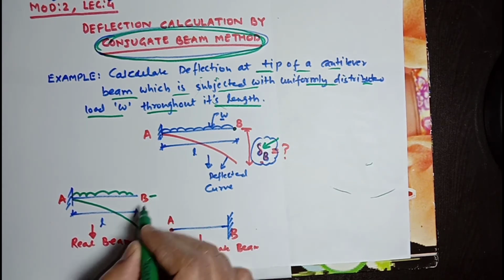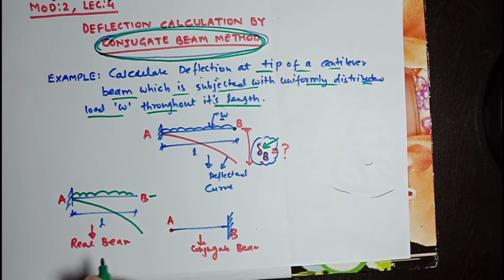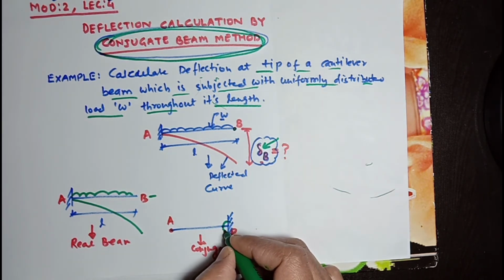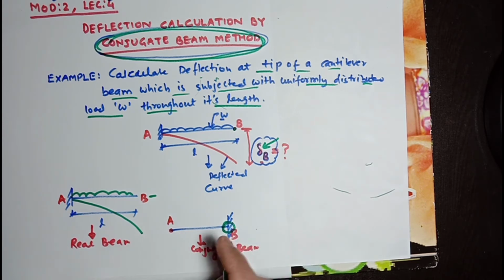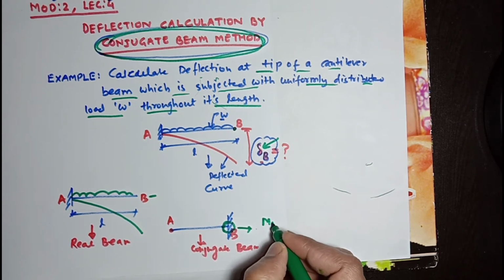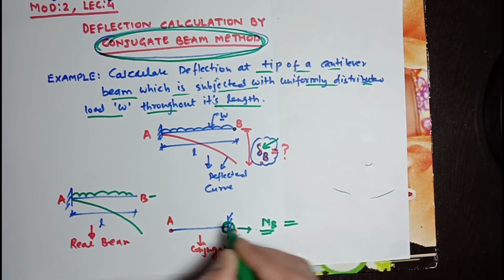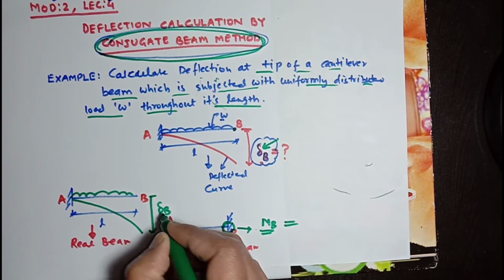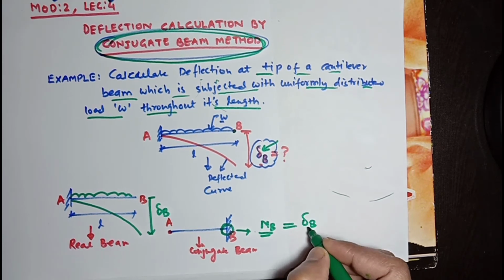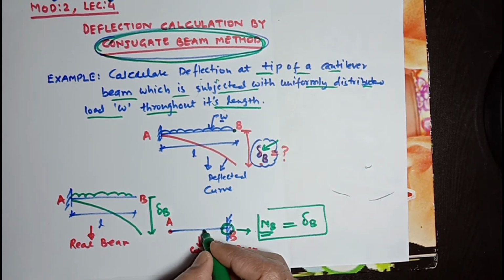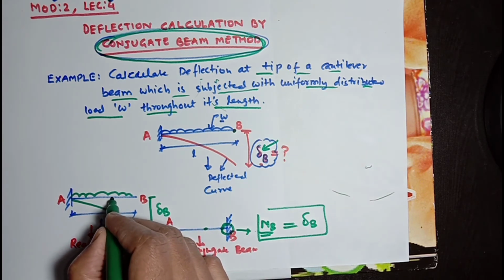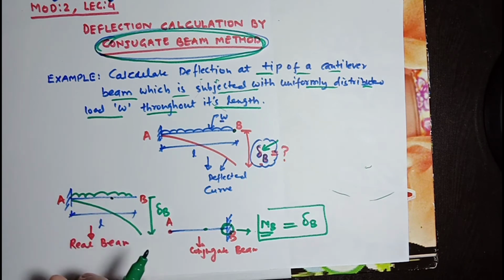According to the conjugate beam method, if we are able to find the bending moment at this point B, then MB, the bending moment at B, will directly give delta B. MB equals delta B. Anywhere, if you are able to find the bending moment at a point, then at the same point it will give the deflection for the real beam.